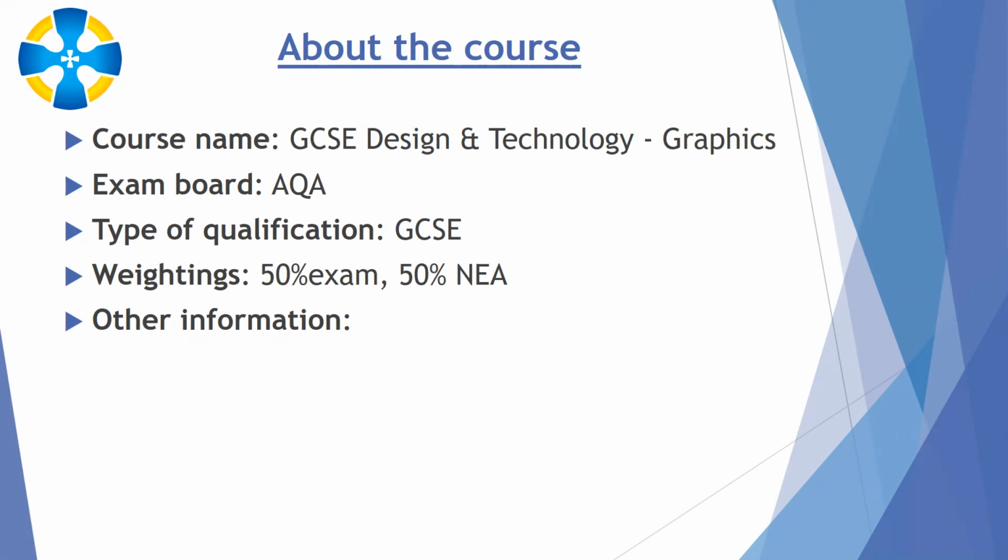The exam board is AQA, it is a GCSE. It's weighted, so half of your qualification is determined by a 2-hour exam, and half by a non-examined assessment, which is a 30-hour project, which we'll look at in a bit more detail in a few slides' time.